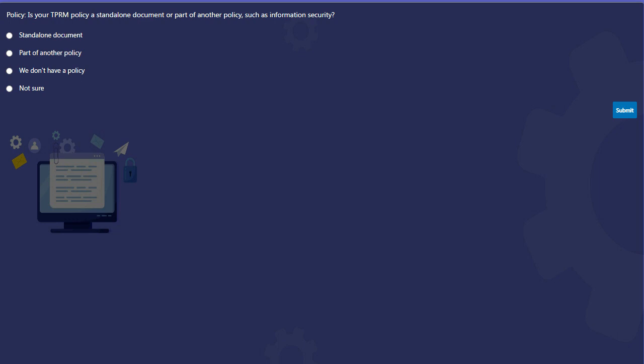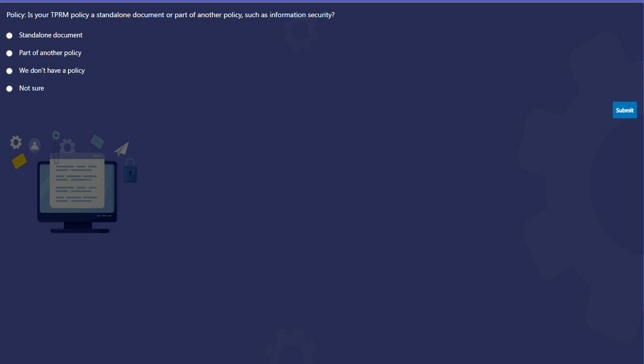Who should own the third-party risk management policy? Well, the same individual or team that owns a third-party risk management framework. It's really important to understand that the policy is one of the foundational elements of any third-party risk management program.